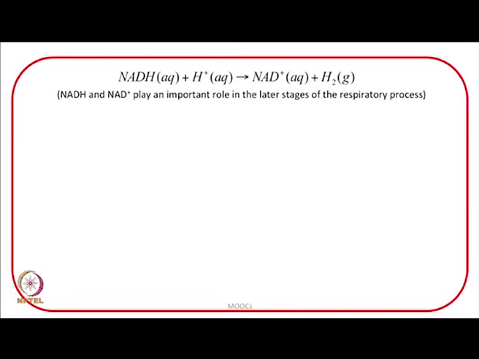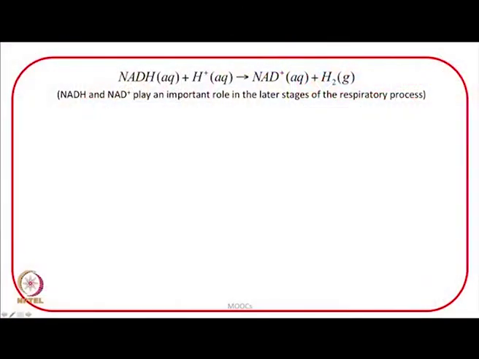Let us consider an example. Nicotinamide adenine dinucleotide. In the given reaction, we have the reduced form of nicotinamide adenine dinucleotide NADH, and NAD plus is the oxidized form, and this is the reaction.